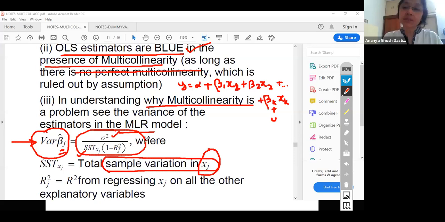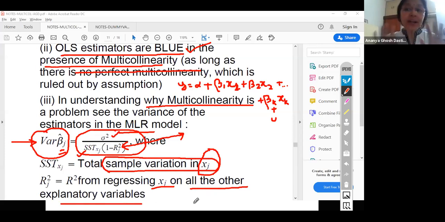Look at this term, R squared j. What is this R squared j? R squared j is the R squared from a regression where I'm regressing xj on all the other explanatory variables.